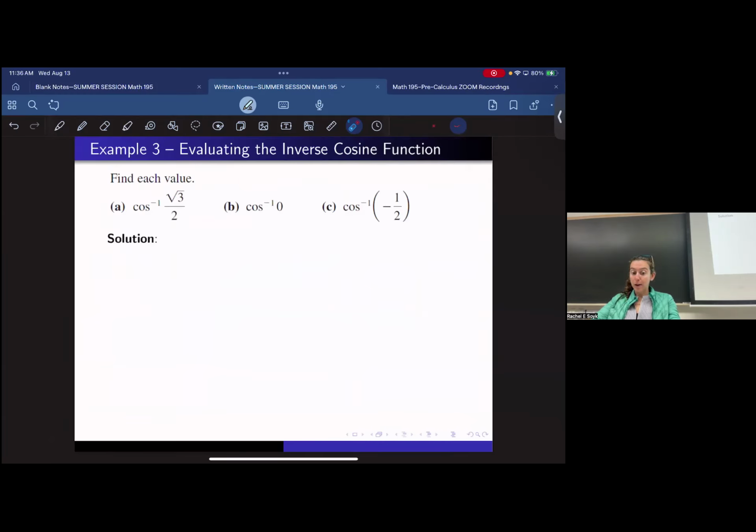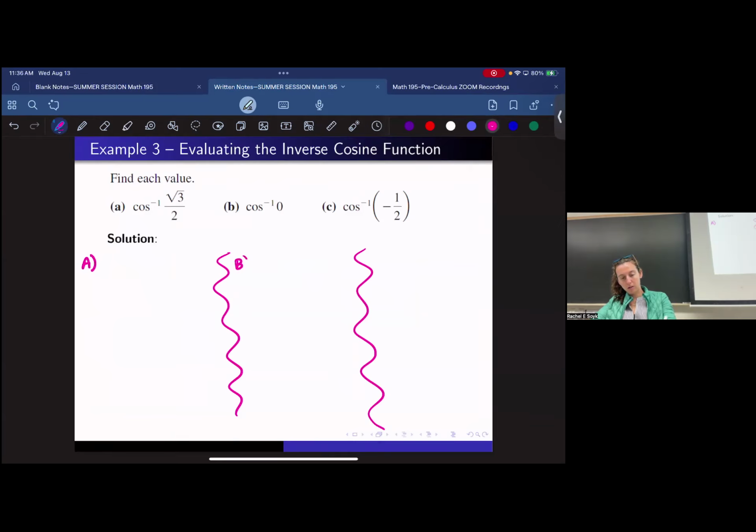Now let's look at it from the cosine perspective. So we'll do these at a little faster pace. Cosine of what just gives you positive square root of 3 over 2?